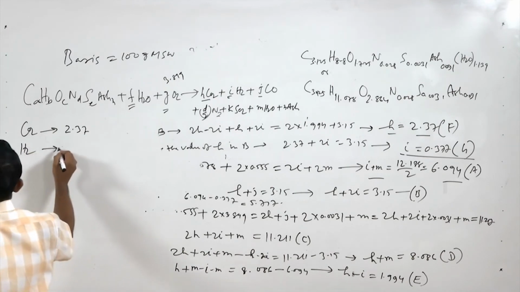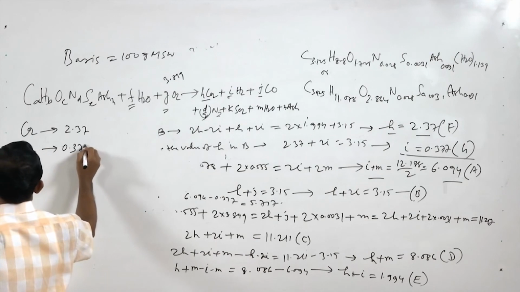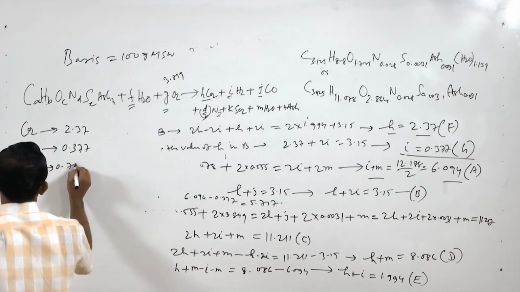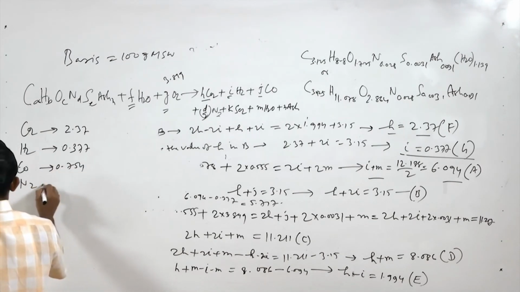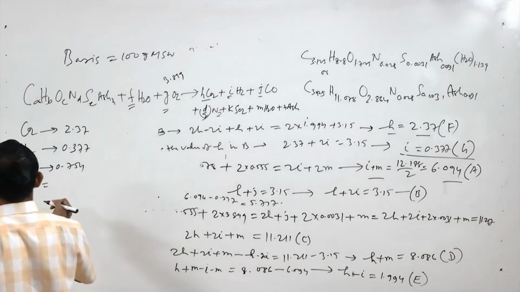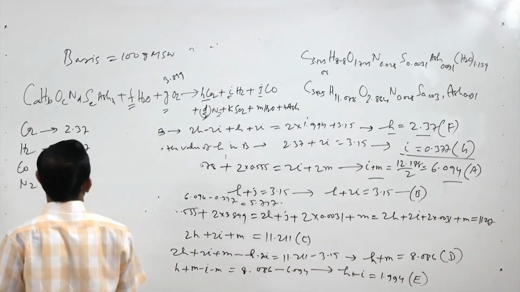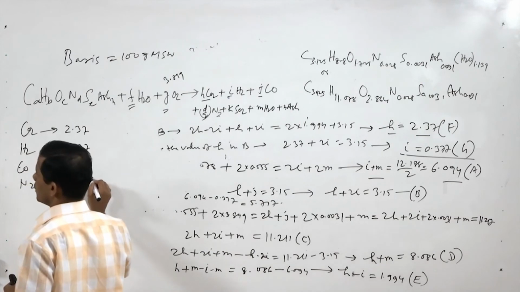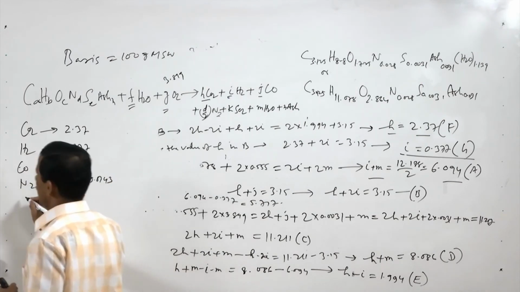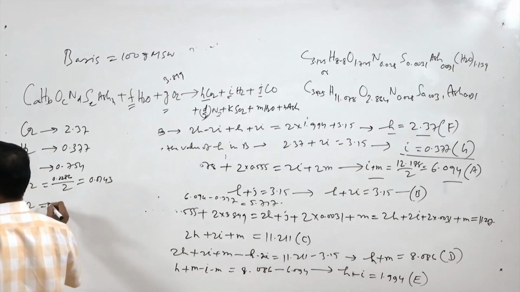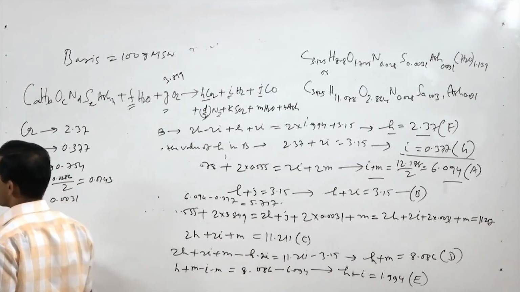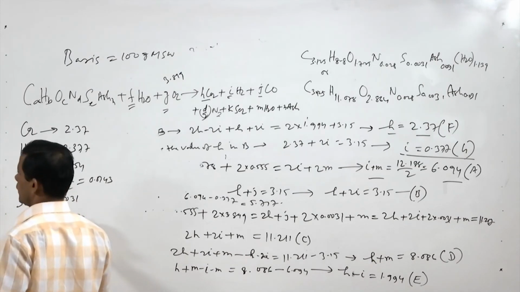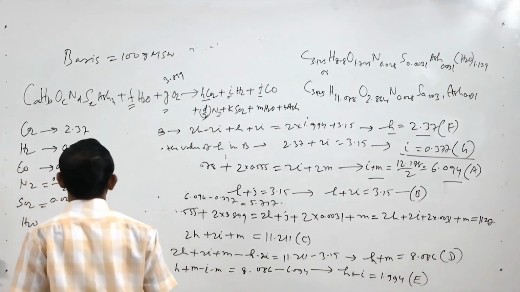H2 is equal to 0.377, and then we will get CO. CO is equal to 0.754, and then we will get N2, that is equal to D by 2. So D is equal to 0.0286, divided by 2, so 0.0143, and now SO2. SO2 is equal to 0.0031 moles, and H2O is equal to 5.717.